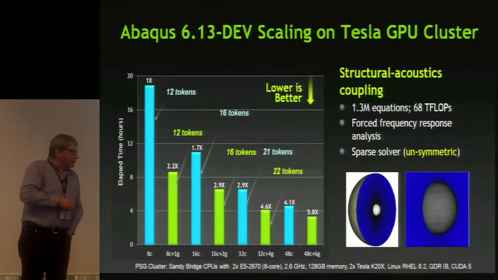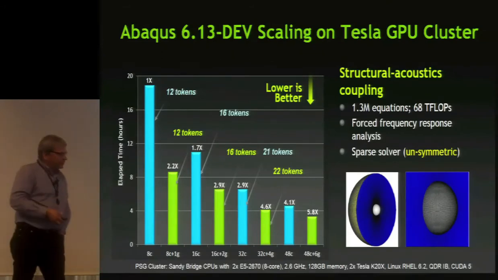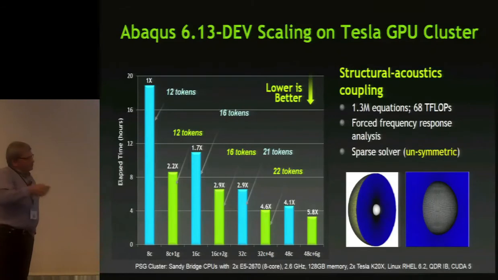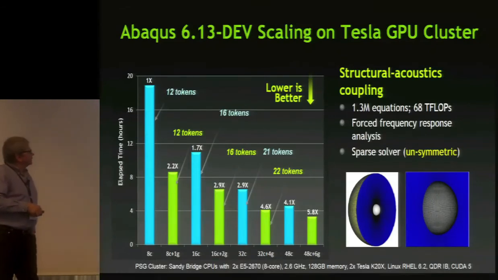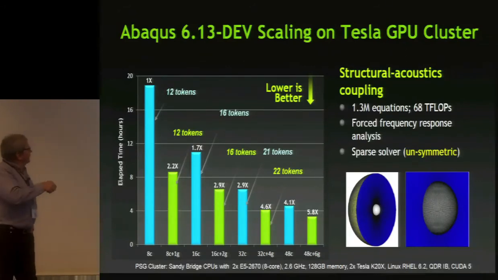This shows you the speedups and also the tokens you need from the license server for running the model, and you know that the licenses are very expensive, so in the total cost of ownership, license costs are very important.